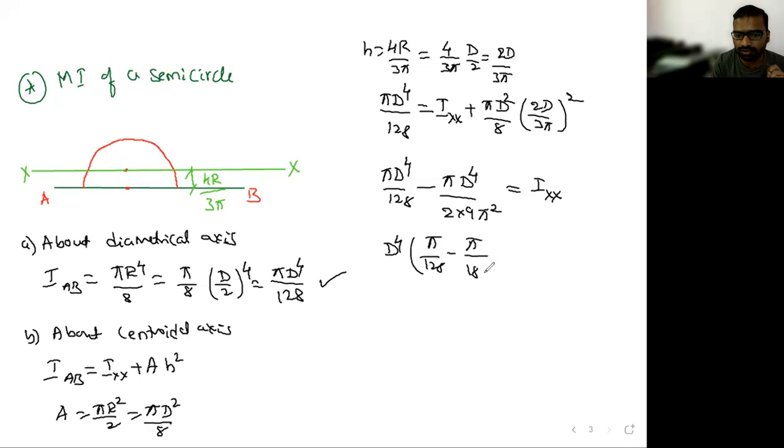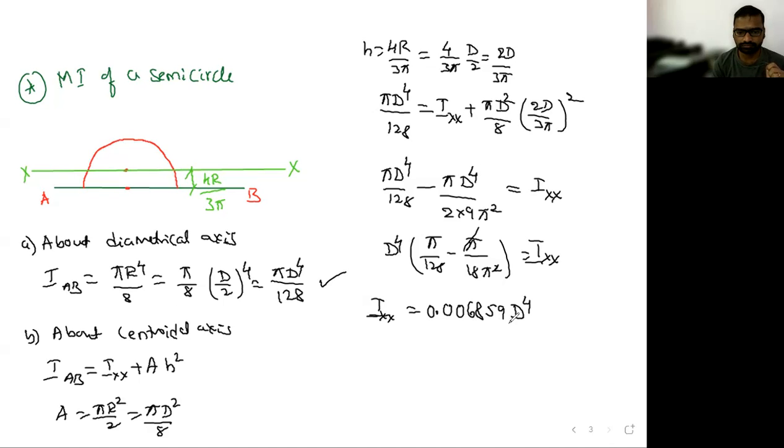This pi gets cancelled, pi square, one pi gets cancelled. This is equal to Ixx. You will get the answer.